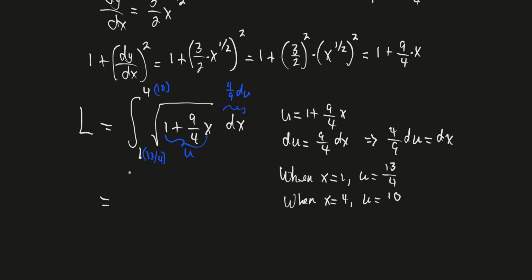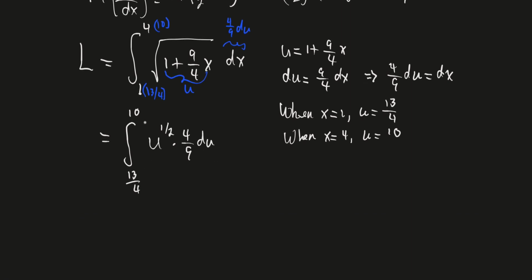So it's the integral from 13/4 to 10, and now I just have the square root of u, which I'll write immediately as u to the 1/2, and then I have my constant here, 4/9 du. And now I evaluate this, and that will be my length.